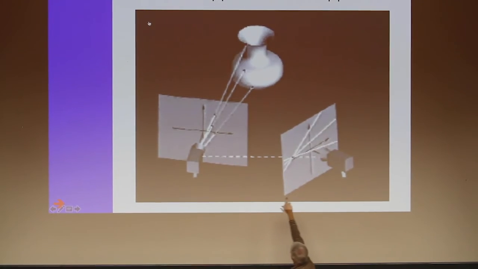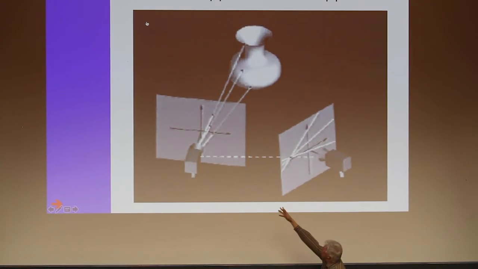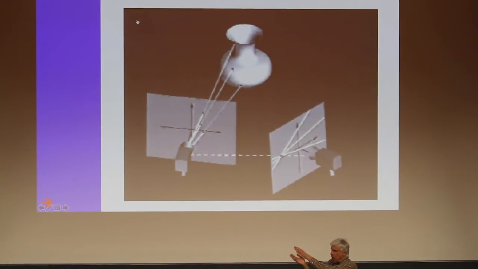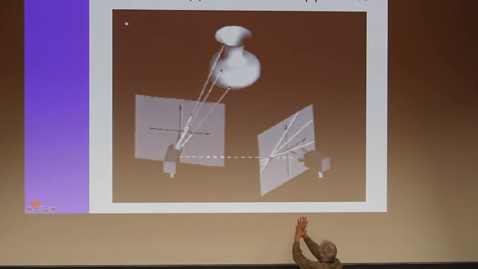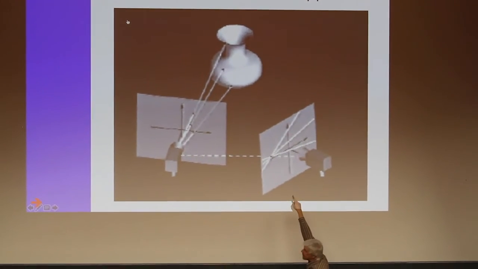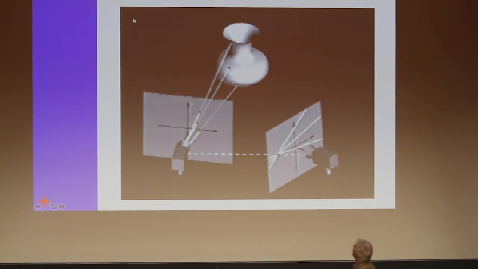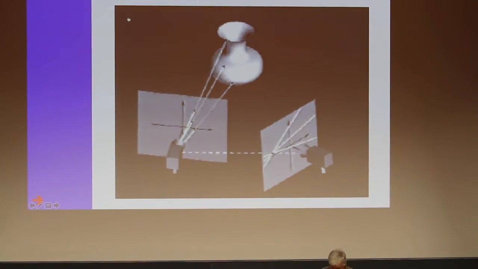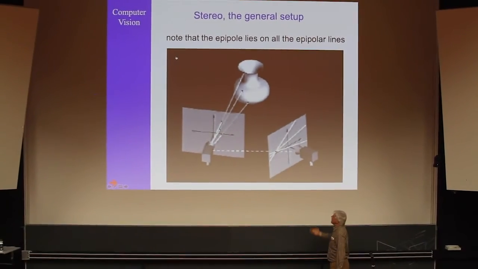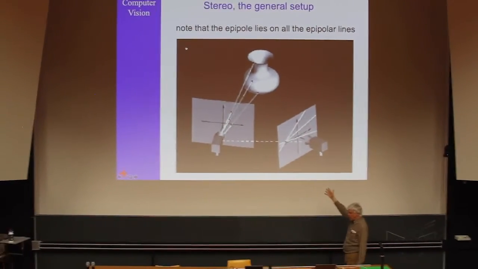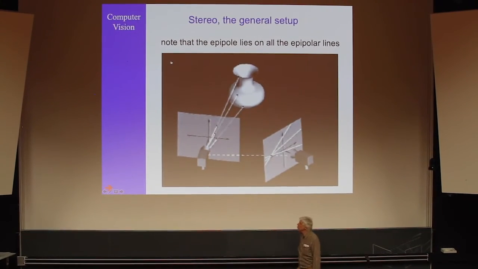So we see where the center of projection appears in the second view, that's the epipole, and all those projections, this entire pencil of lines of the first camera, project onto lines all intersecting at the epipole in the second view. And that's also what the mathematics says, right? That epipole runs through all the epipolar lines, whatever P projection in the first image you choose.